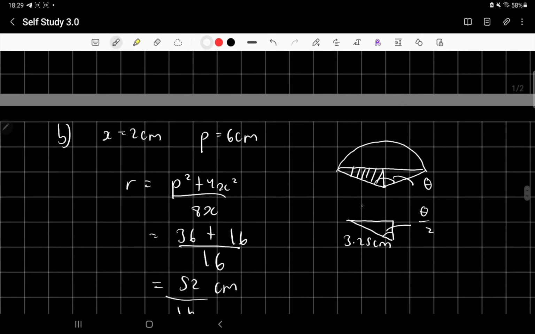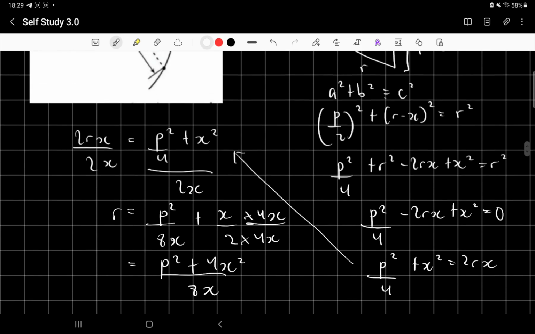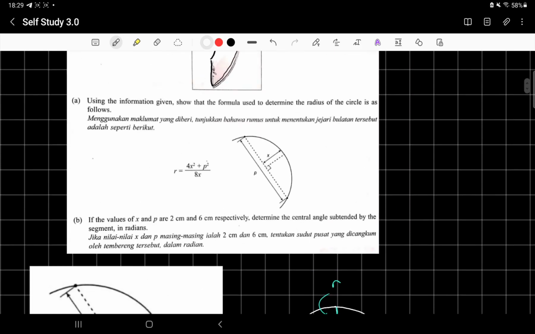Now p should be 3 centimeters. Or if you want to find the height of the triangle, no problem. It's your way. Anyway, as long as you can get the subtended angle that is connected to the center of the circle.